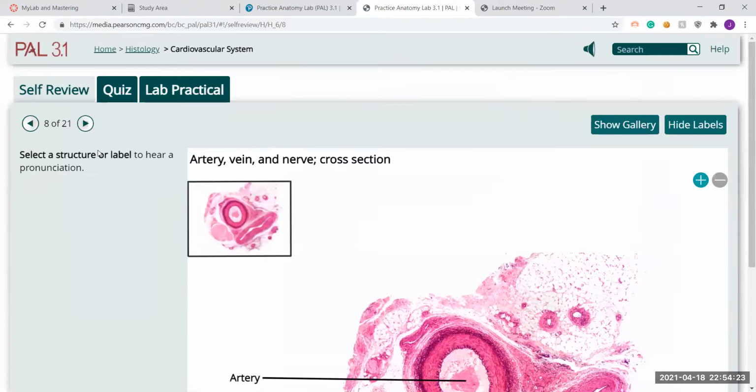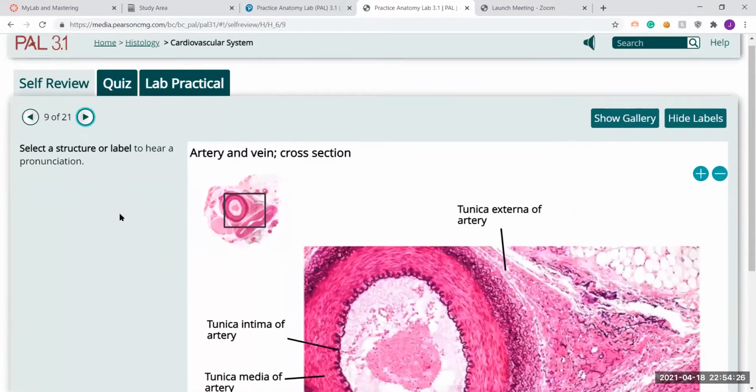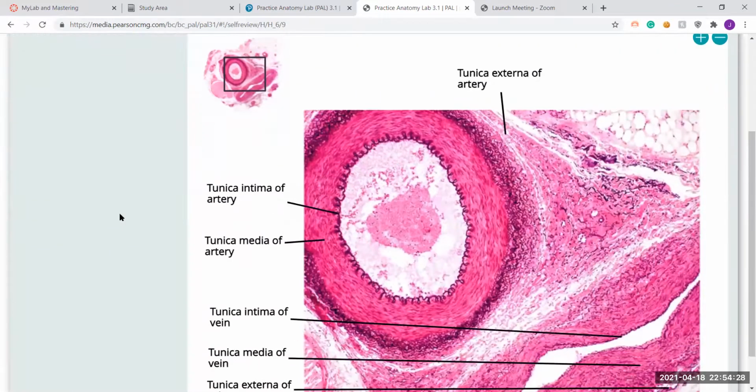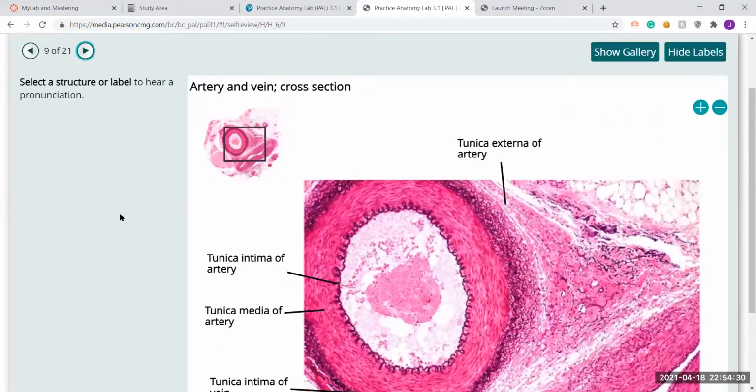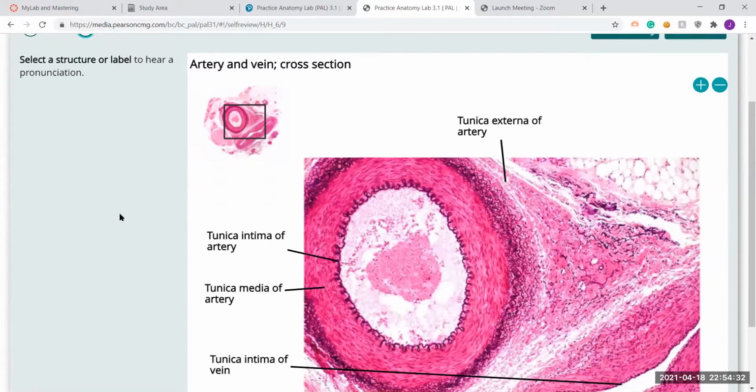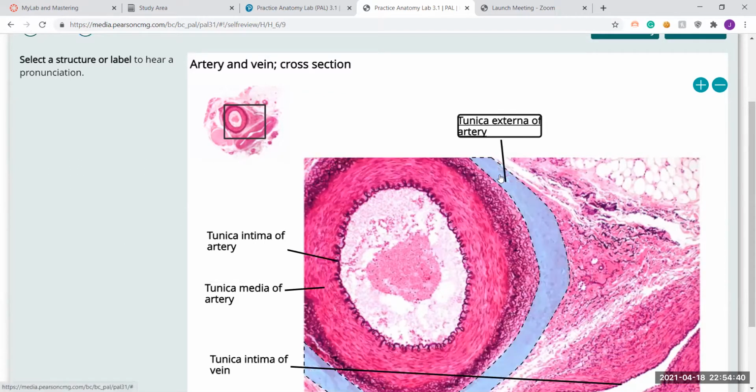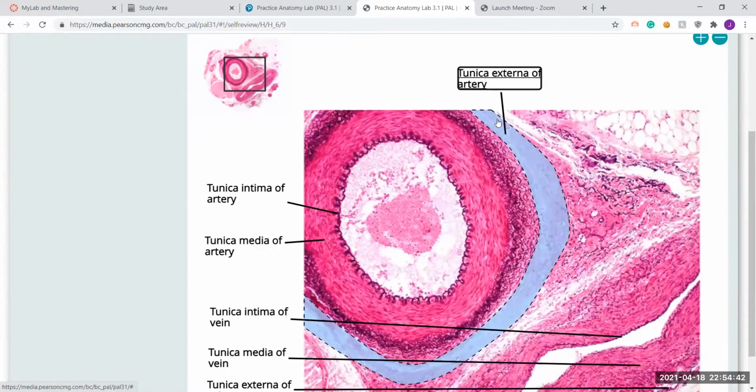Okay. Whether it is artery or vein, they have 3 layers of structure. We call them tunics of the blood vessels. The outermost layer is called tunica externa of the artery, and it is made up of connective tissue.